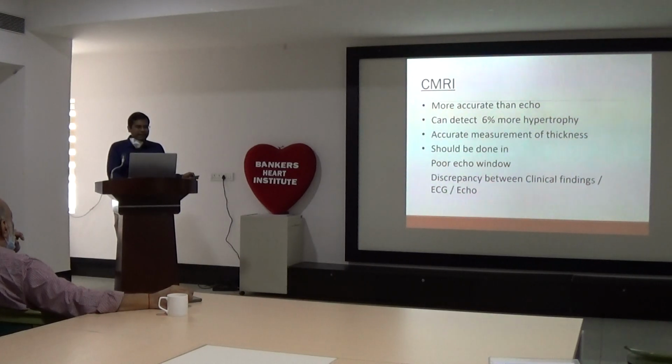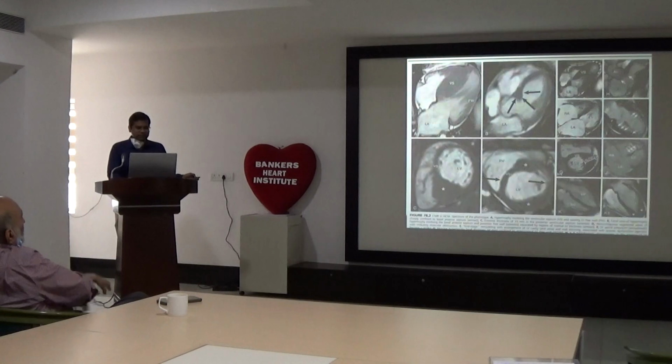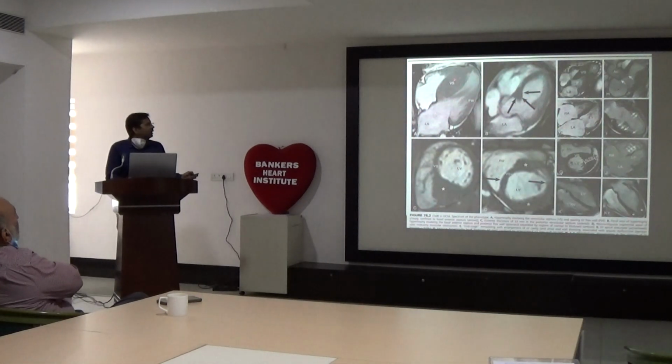The cardiac MRI is more accurate than the echo and can detect more hypertrophy. Accurate measurement of the thickness can be done, and it should be done in a poor echo window or when there is a discrepancy between clinical findings and ECG or echo. Here we can show these MRI pictures of ventricular septal hypertrophy, and there is only septal hypertrophy.